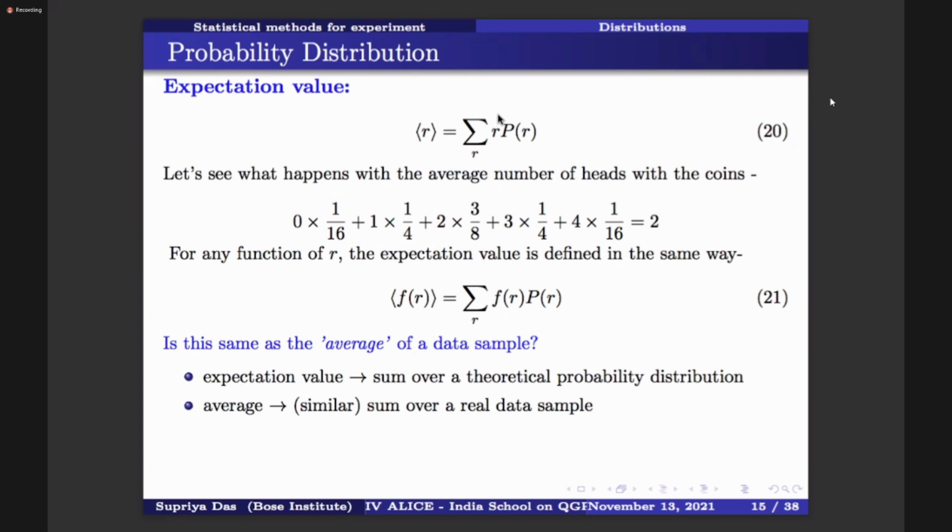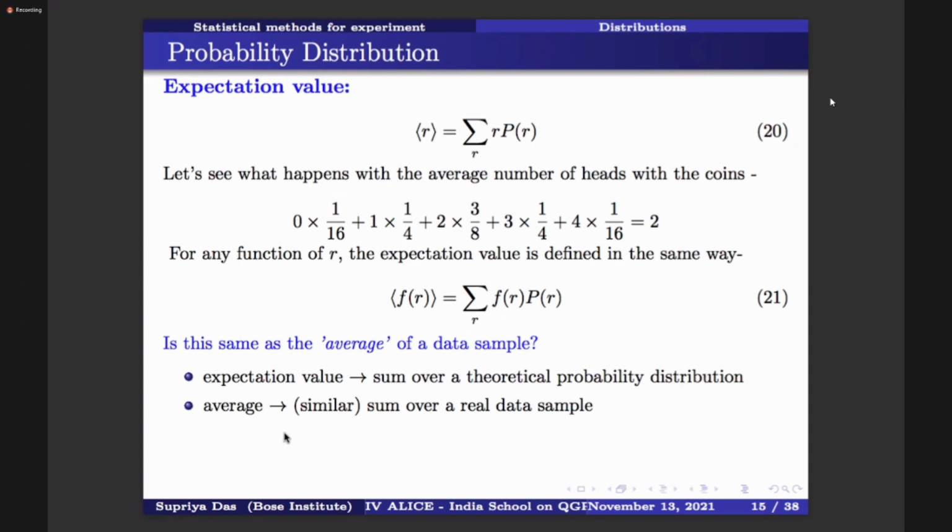That is a theoretical probability distribution. When I say sum, it means that the quantity is multiplied with the probability distribution, and then the sum is taken. It's not only the sum of the probability distribution.